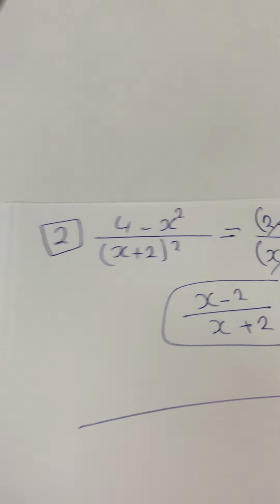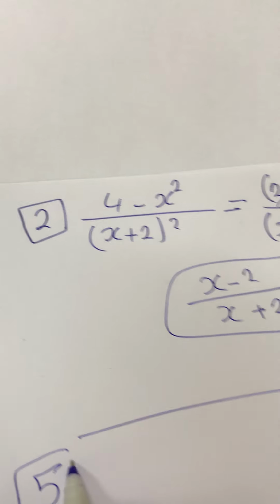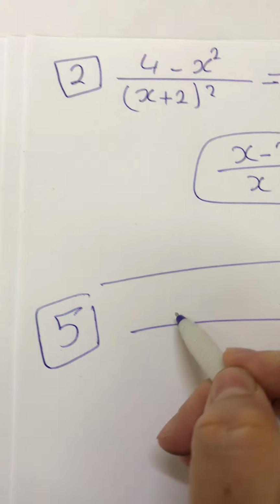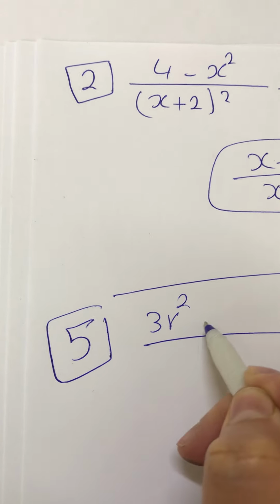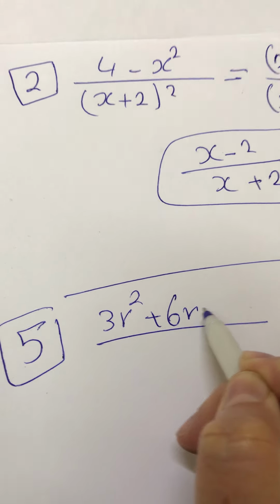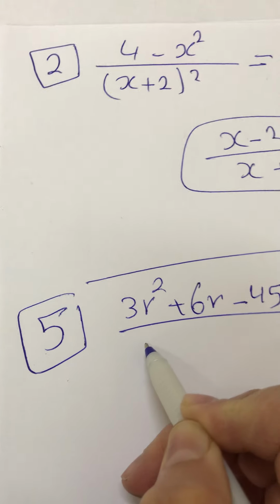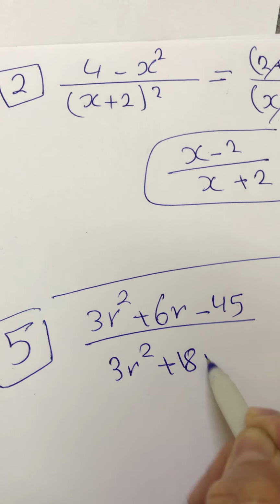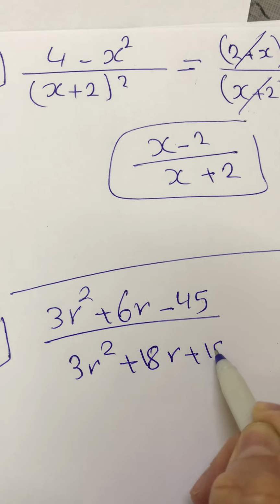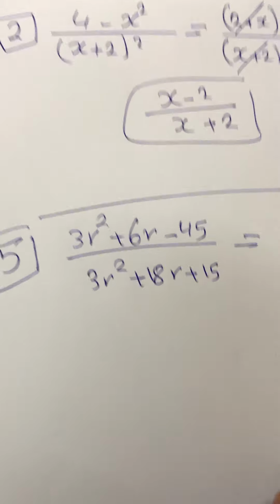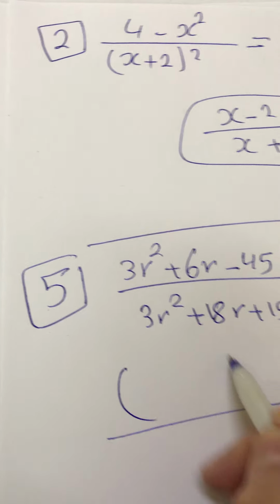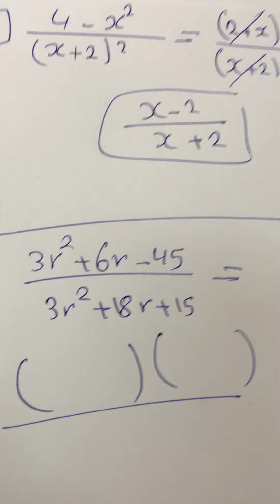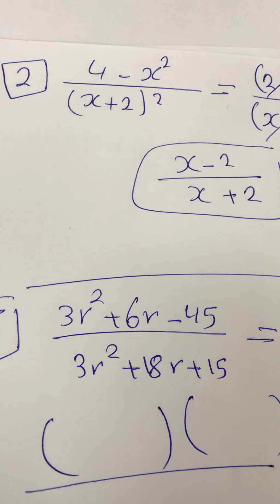Now I'll solve number 5. In number 5, we have fraction contain 3r square plus 6r minus 45 over 3r square plus 18r plus 15. Okay. I'll open two brackets up to factorize these three term quadratic.